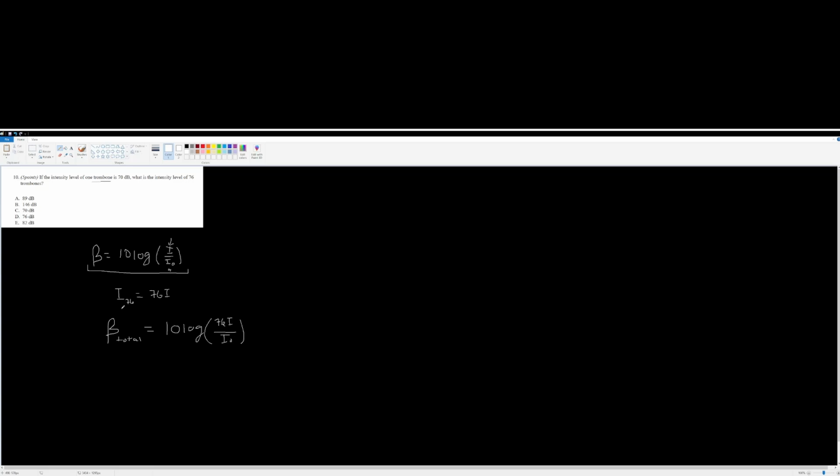Just plugging this in for, this we can think of as beta of 76 trombones. And we would use I-76 here, which is simply 76I.